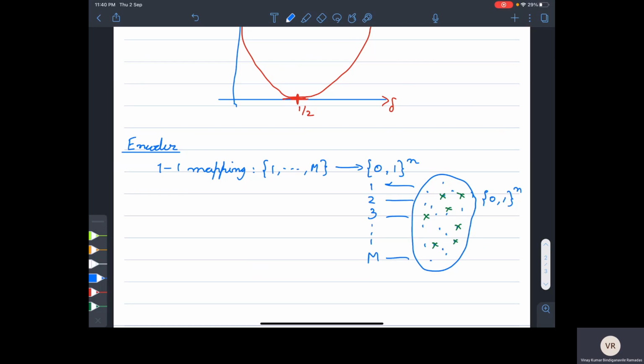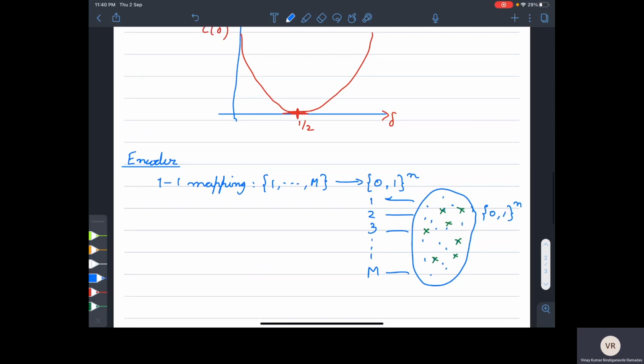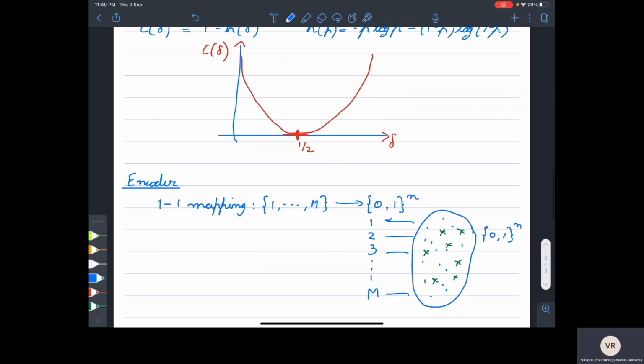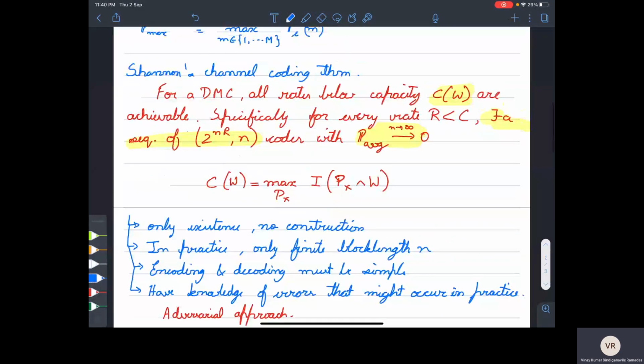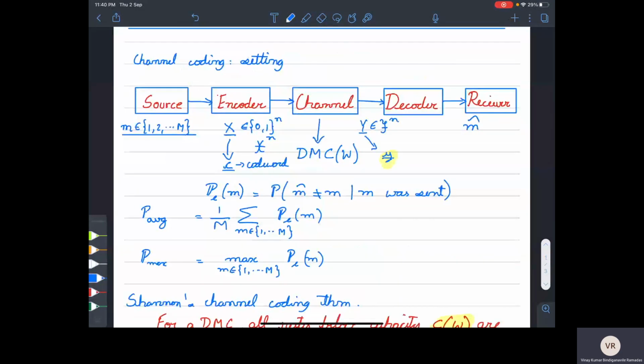Why should this be a 1-to-1 mapping? Well, that is because once you decode, the receiver, the received word y should be able to decode it to a single message vector.